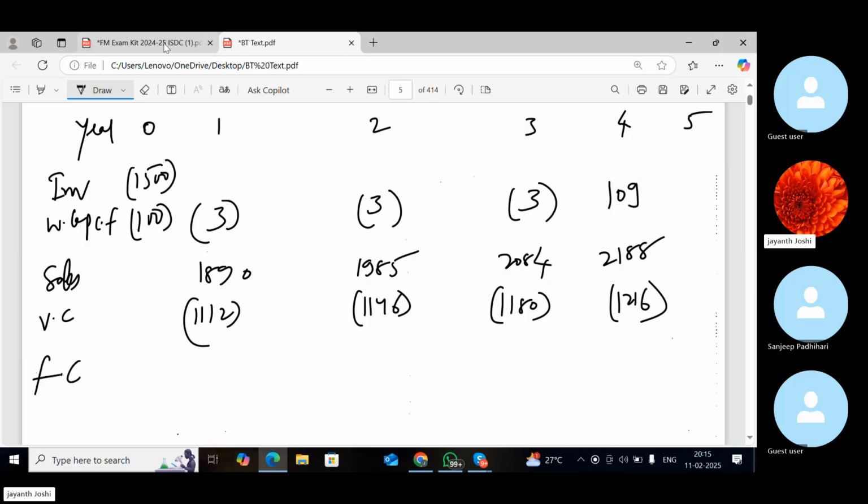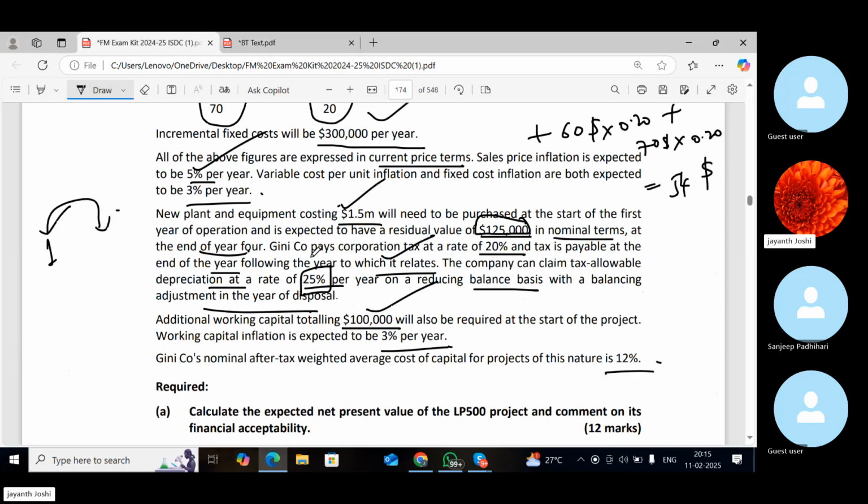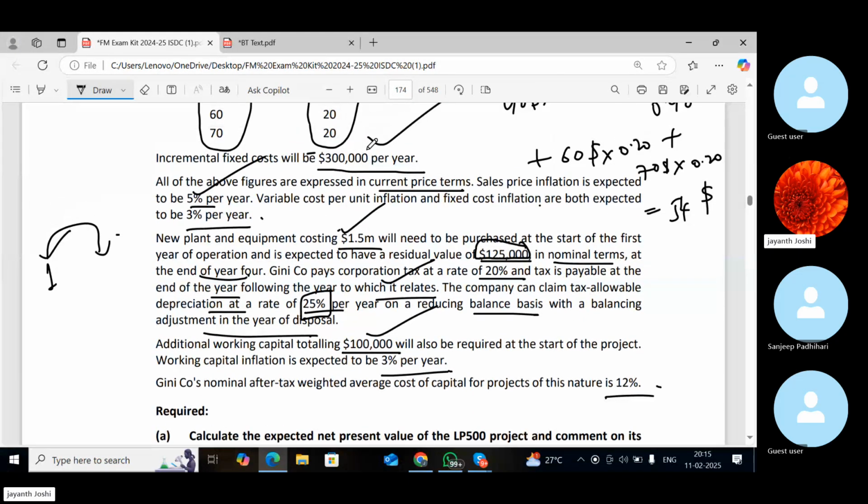Fixed cost. Now fixed cost we need to do the adjustment, right? This is a very time consuming question, very lengthy. So they have given some detailing about the fixed cost. Incremental fixed cost will be $300,000 per year.